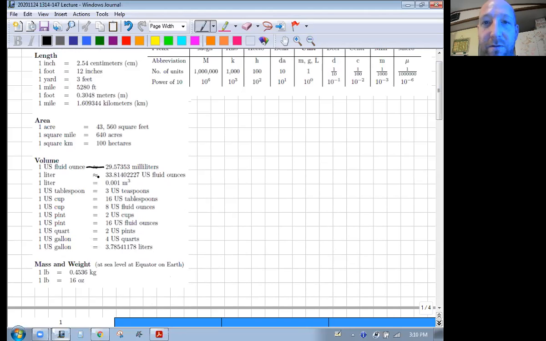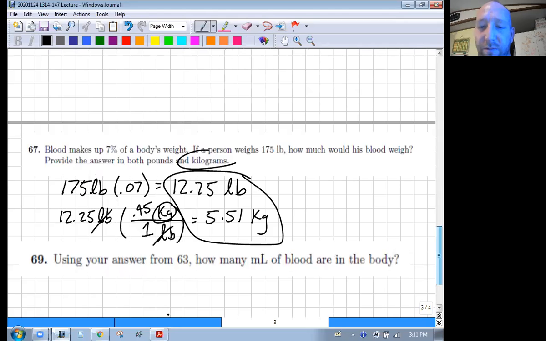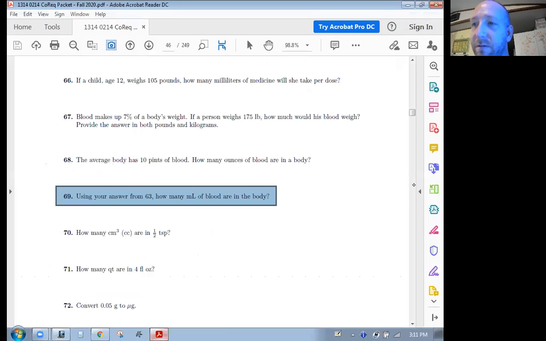So fluid ounce. We can go from fluid ounces to liters. How are we going to go from a weight to a volume? Oh, this is from problem 63. No wonder.